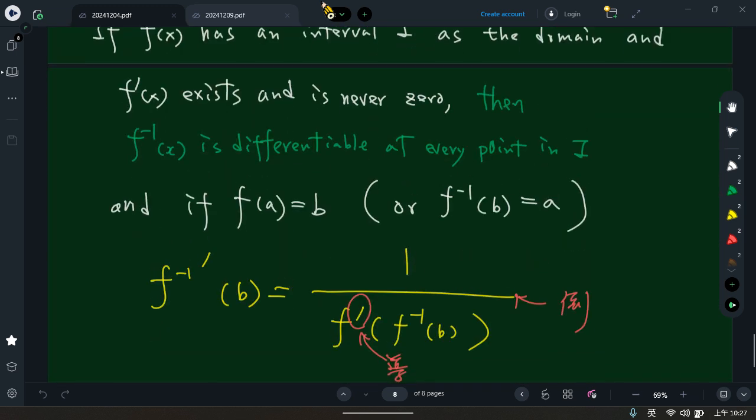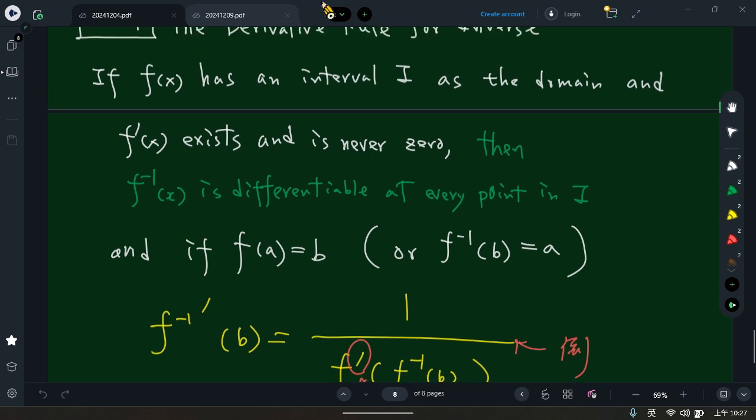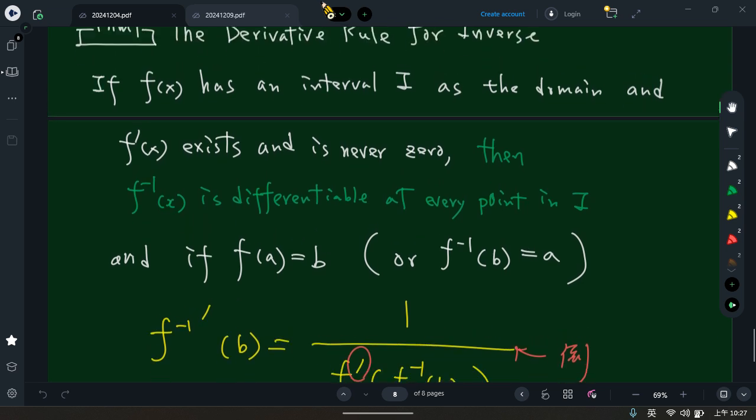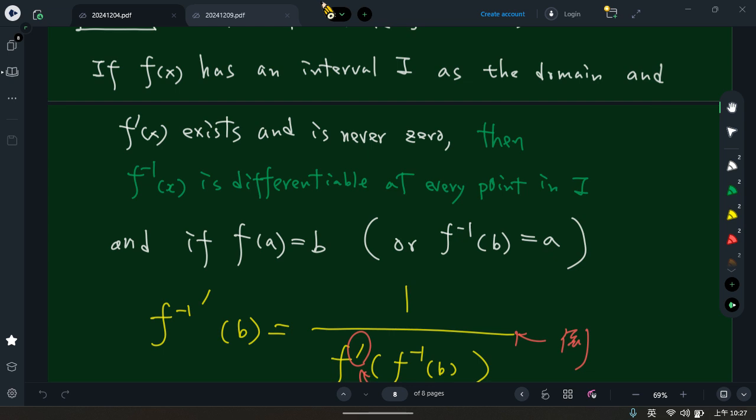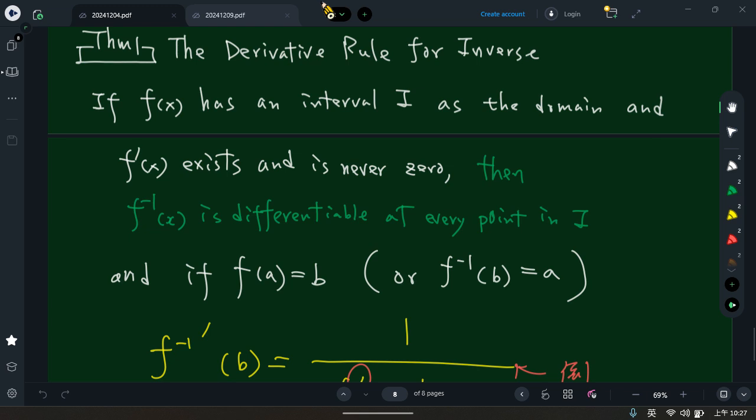And then, this is the very important one. Since the inverse of f is still a function, can we try to get its derivative?